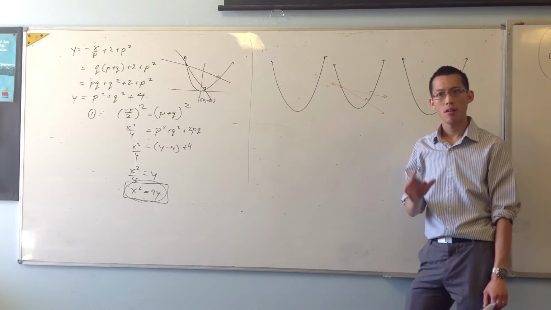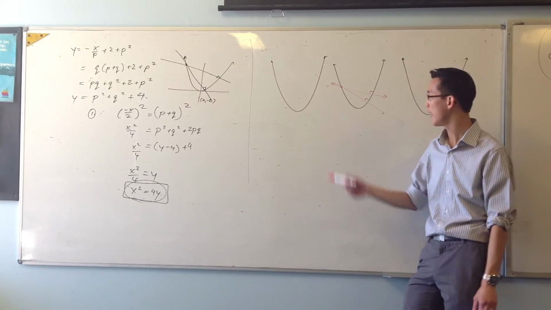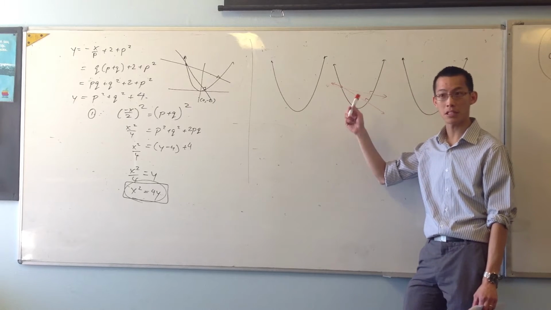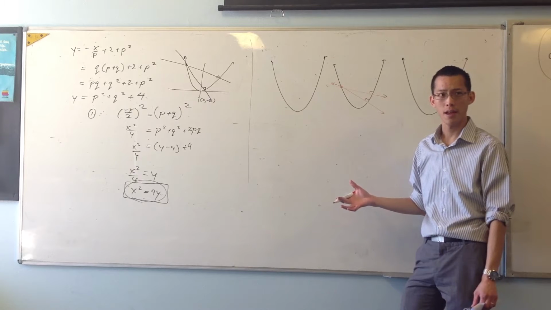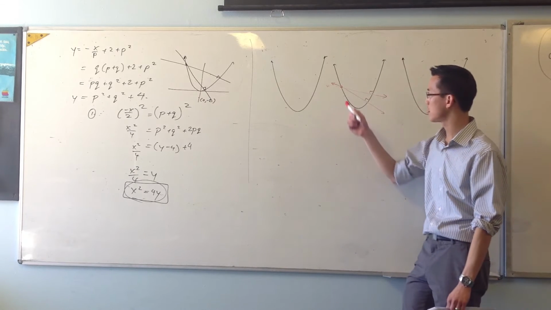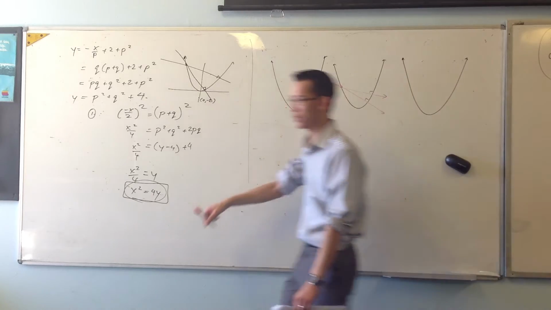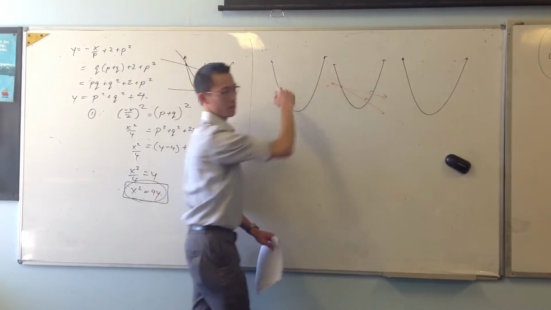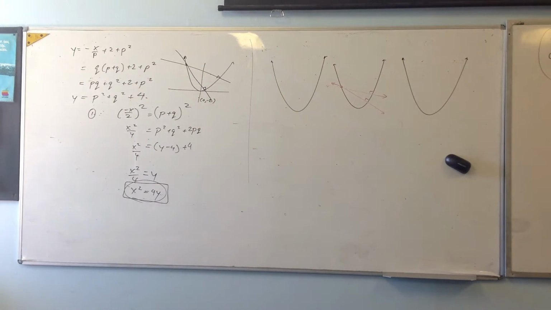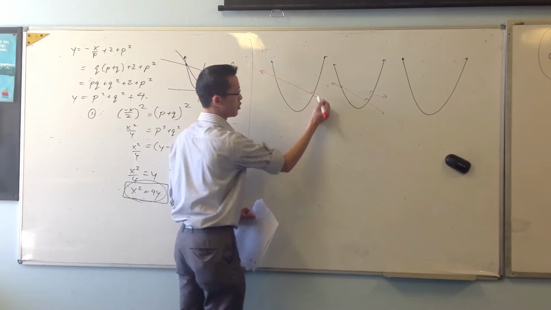However, it's not that hard to think of cases where this doesn't happen, where they don't intersect on the parabola. How can we make normals that intersect inside the parabola? If you've got 2 normals, let's just leave that one in place. That's a normal.